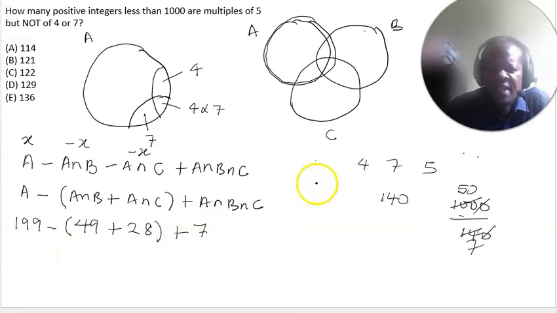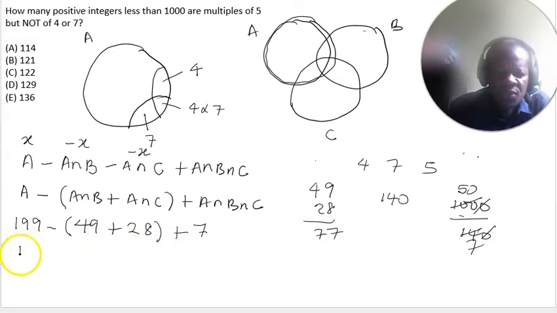So 49 plus 28, that is 77. So this is 199 minus 77 plus 7. So this is 199 plus 7 minus 77.